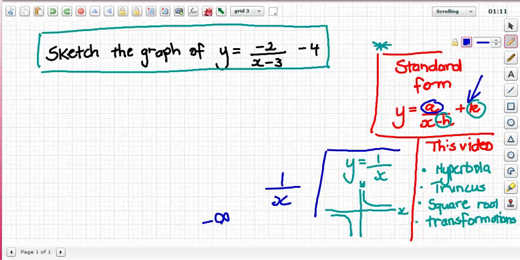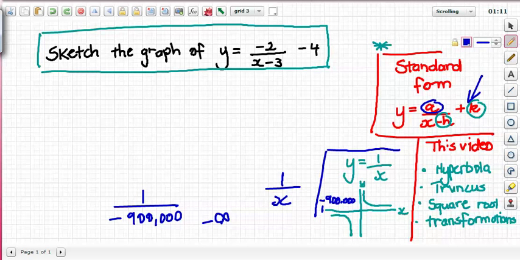Well, we're going to have 1 on, let's just say, negative 900,000. And what's that going to be? We know that a positive divided by a negative is a negative, so we're going to have a very, very small number. So you can see here, and this graph is certainly not to scale, this was negative 900,000.